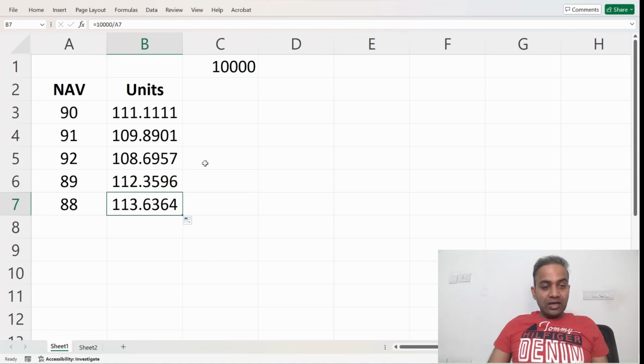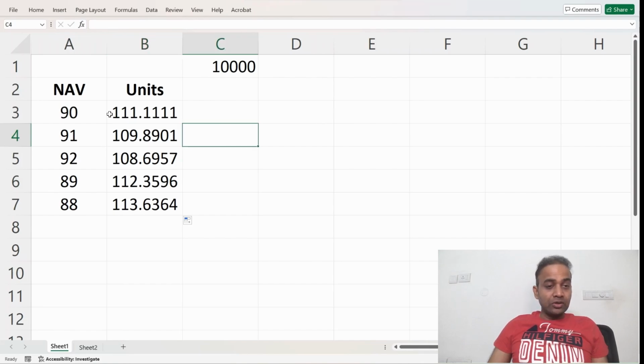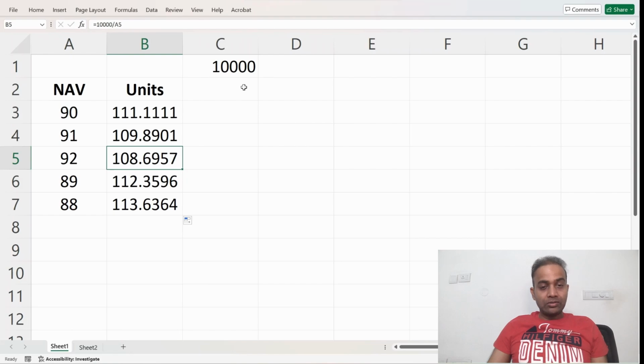But at the time of doing systematic withdrawal plan or SWP, you need to understand the same logic works in a reverse way. So now when the NAV was 91, only 109.89 units were getting sold to get 10,000 rupees to your account. When it becomes 92, even lesser units were getting sold. So it's actually good, and you don't need to redeem more units to get that amount.